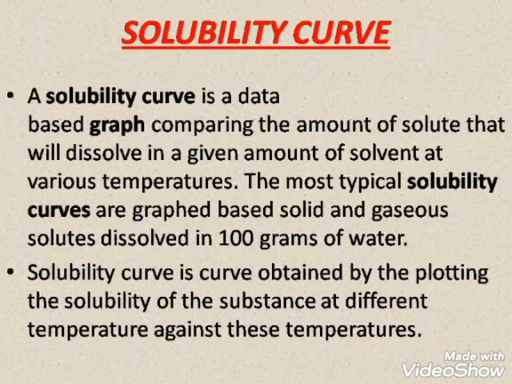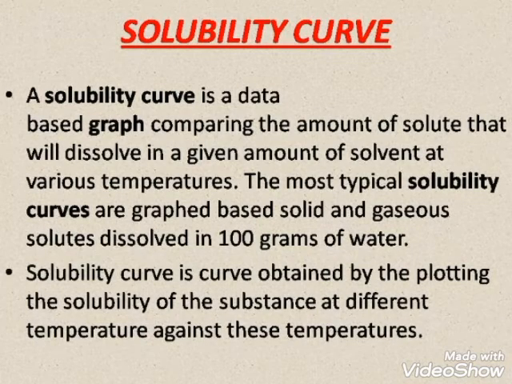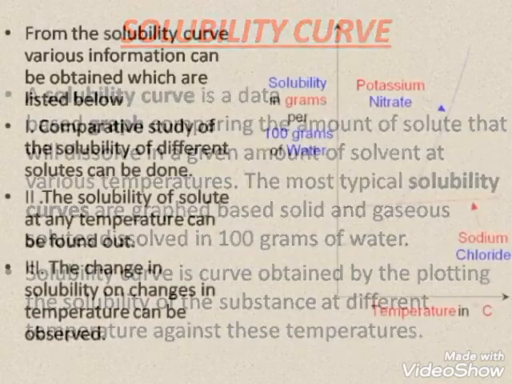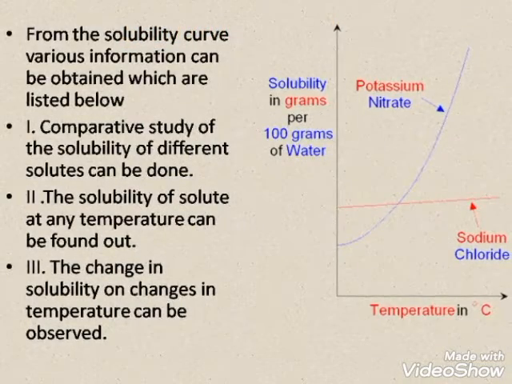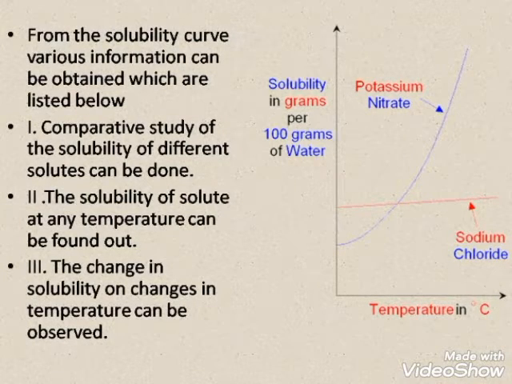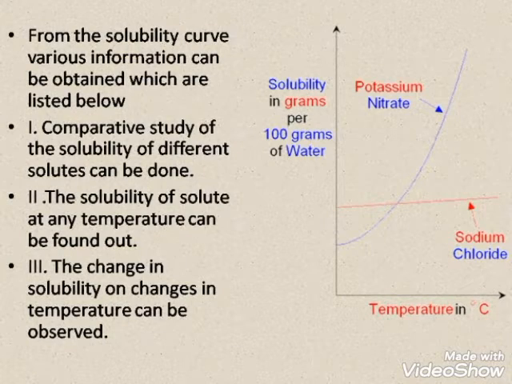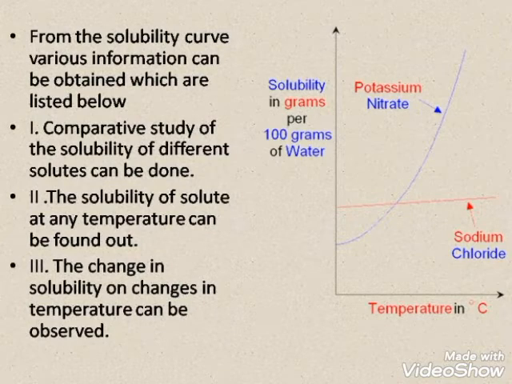The solubility curve is an important curve that is useful in the chemical laboratory and also in various different fields. From the solubility curve, we can derive various information, like we can compare the solubility of different solutes. We can also check the solubility of a solute at a particular temperature. Also, we can know the change in solubility when there is a change in temperature.